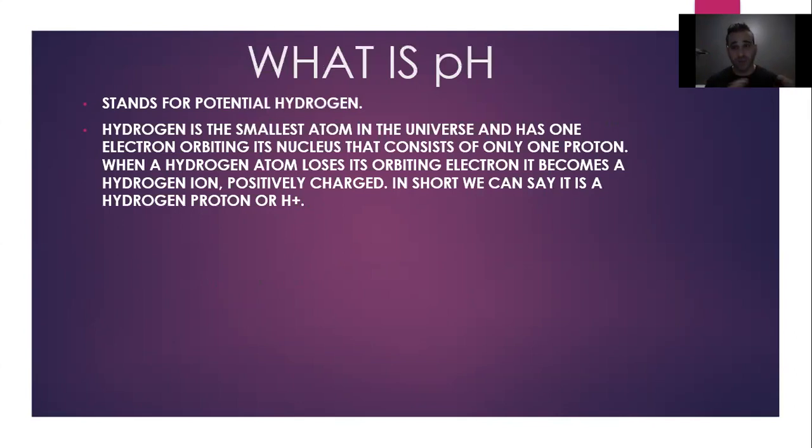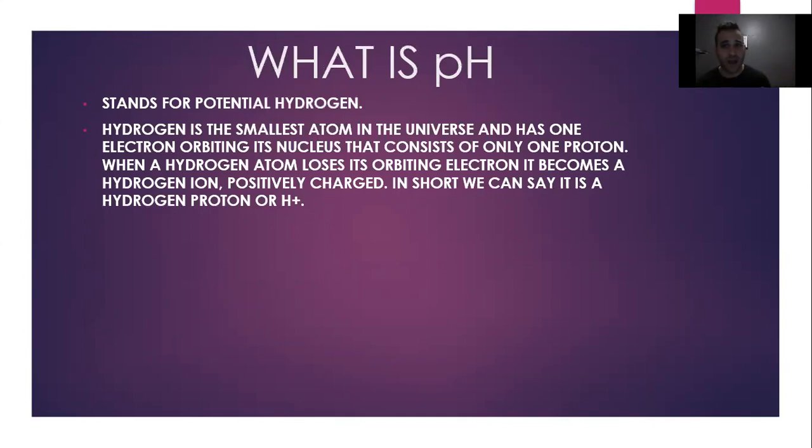Now, we're not going to get too deep into the different orbits. We're not going to get into some crazy stuff, but as a basic understanding, atoms have a nucleus, and then they have orbiting electrons, okay? And depending on the amount of protons and the amount of electrons orbiting, it's going to change with every atom. Each has its own properties and characteristics.